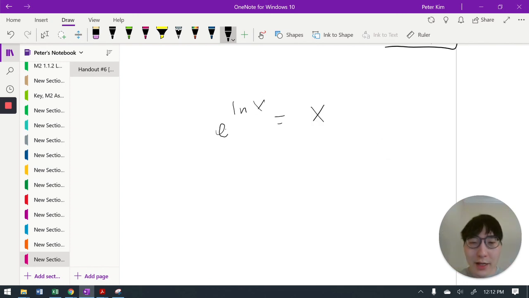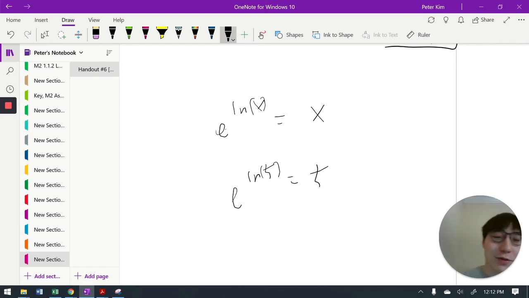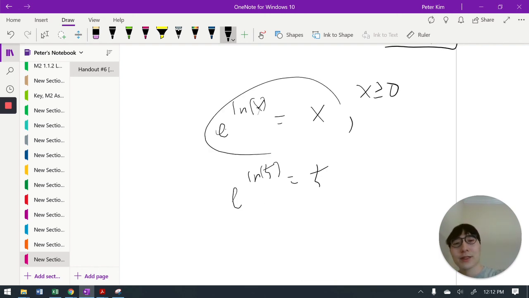E and ln are inverses of each other. So e to the ln 5 will simply equal 5, as long as x is greater than or equal to 0, because that's just the domain of ln. We know that e to the ln x is simply equal to x.